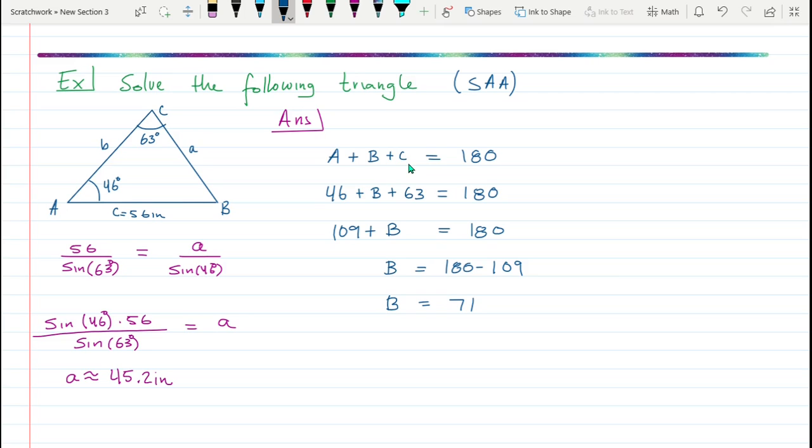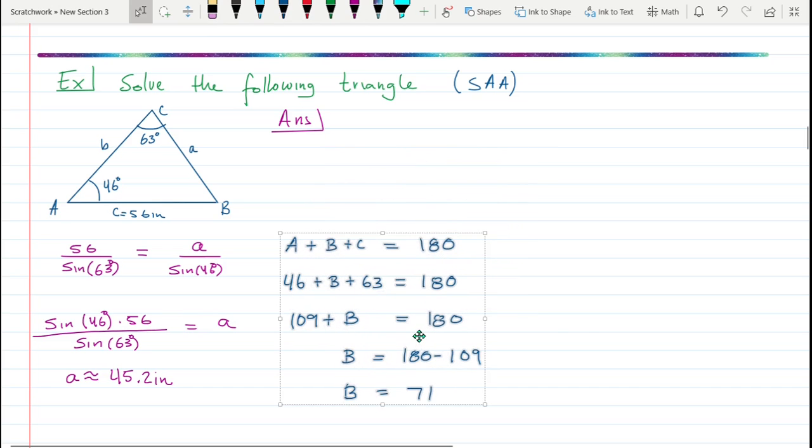So we have almost everything so far. We have this angle B, we have this measurement. The only thing we're missing is length B, right?